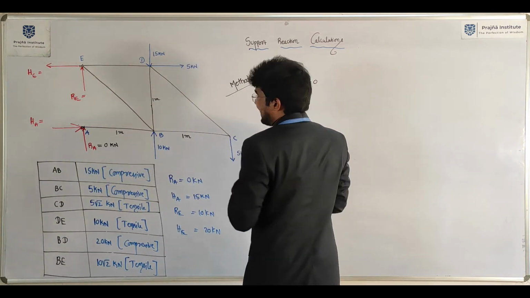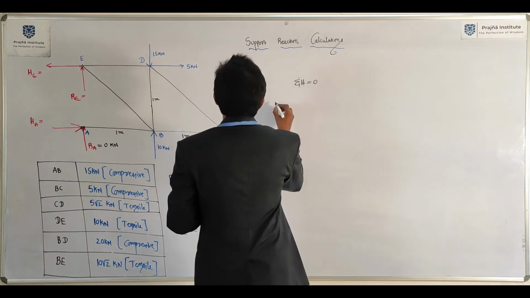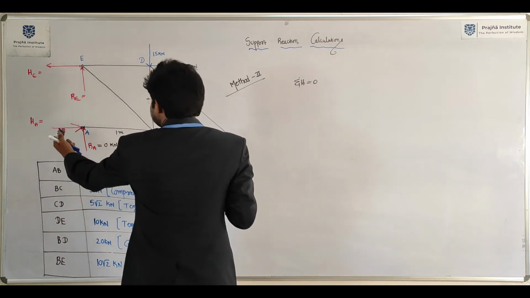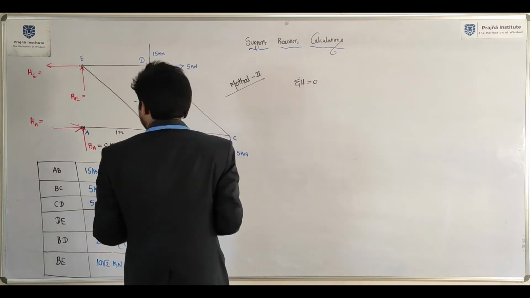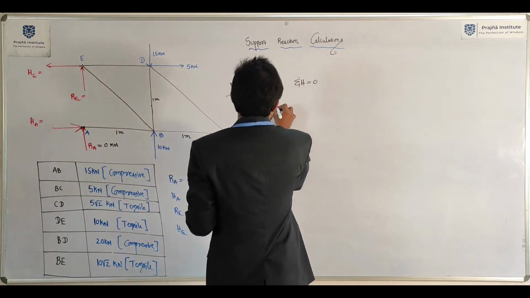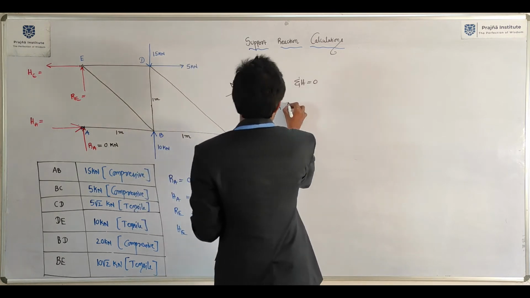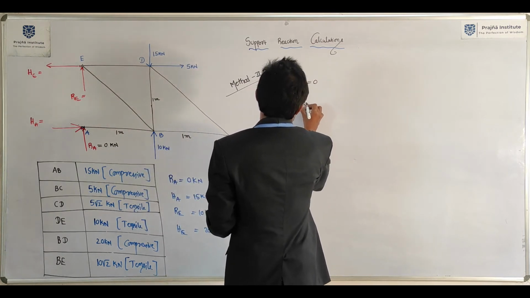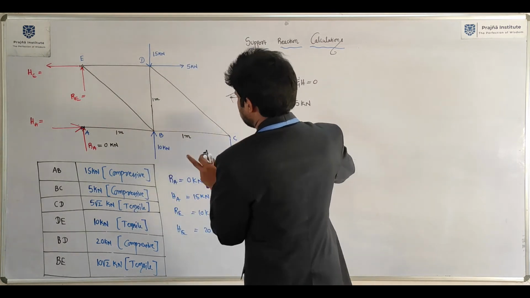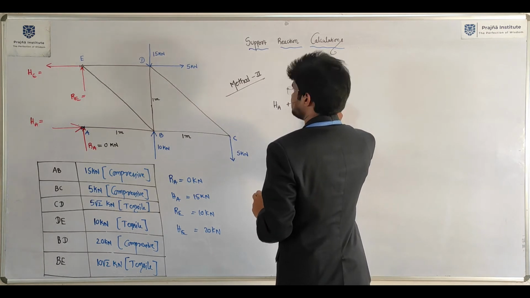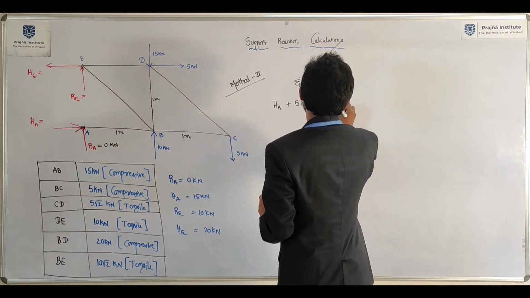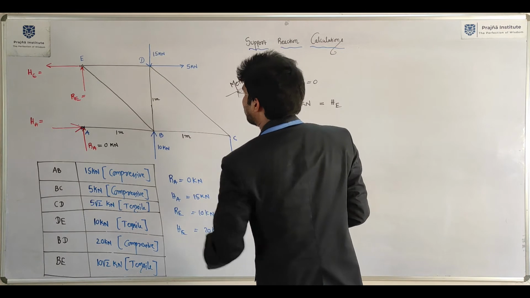Now, sigma H equal to 0. Tell me, sum of the right forces equals sum of the left forces. HA plus 5 kilonewton equals HE. Two unknowns.